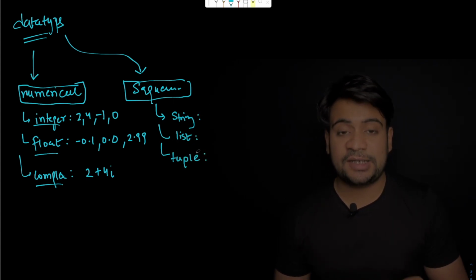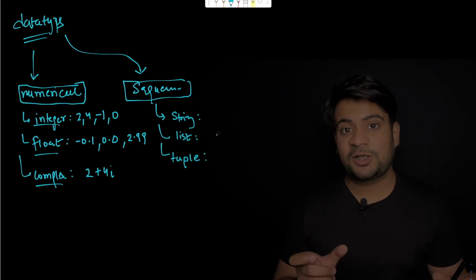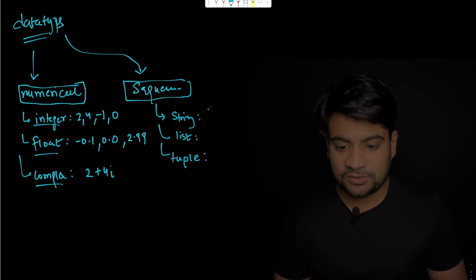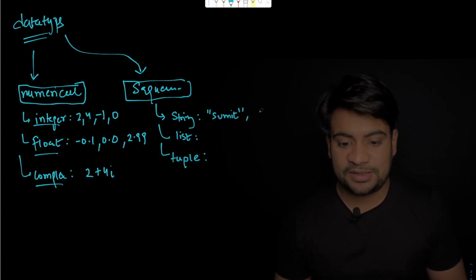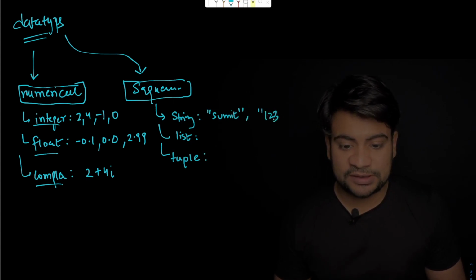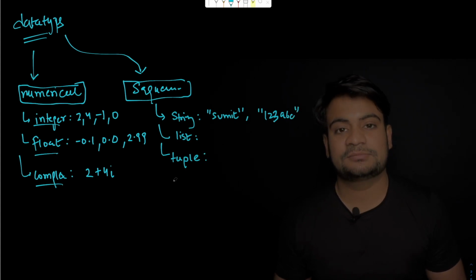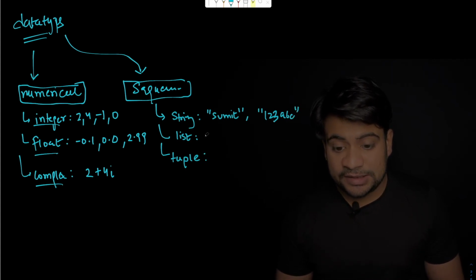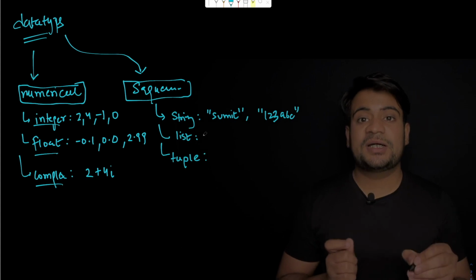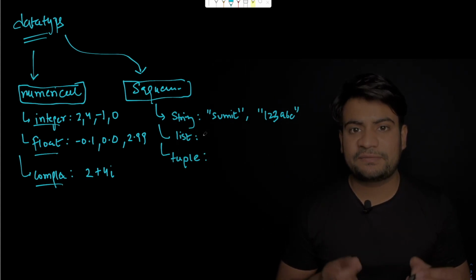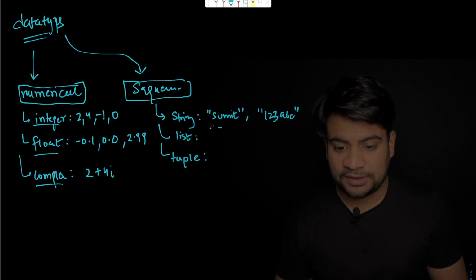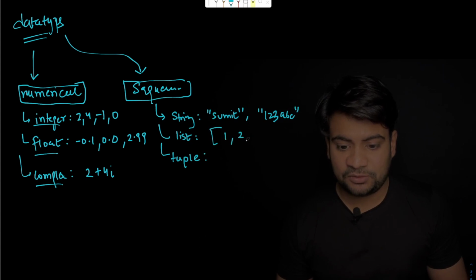So string data type contains set of characters, like Sumit, or maybe 1, 2, 3, A, B, C. List data type is an ordered collection of different objects. So it can be like 1, 2, 3, hello.